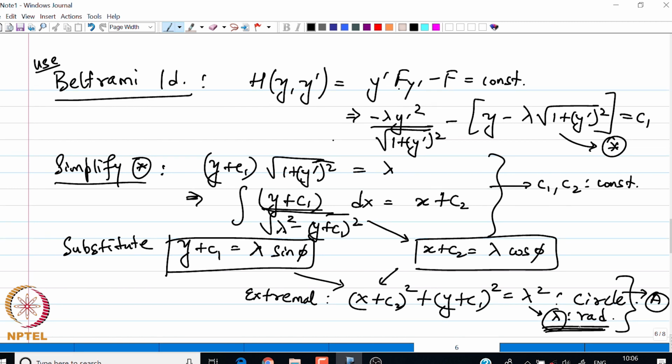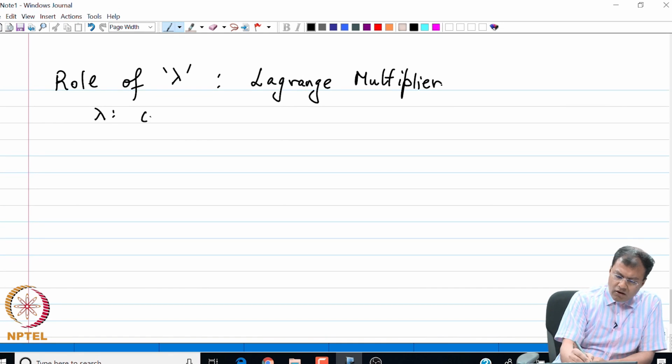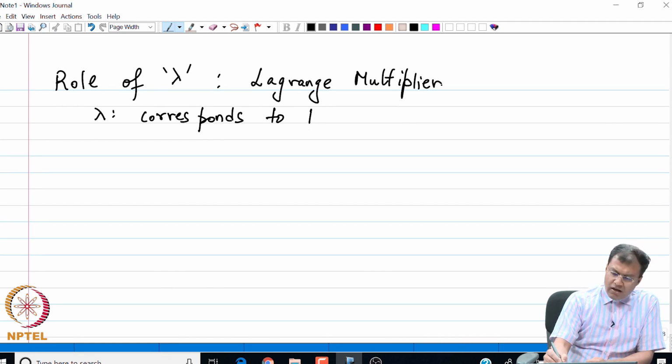So lambda definitely corresponds to some physically or geometrically important parameter in the problem.